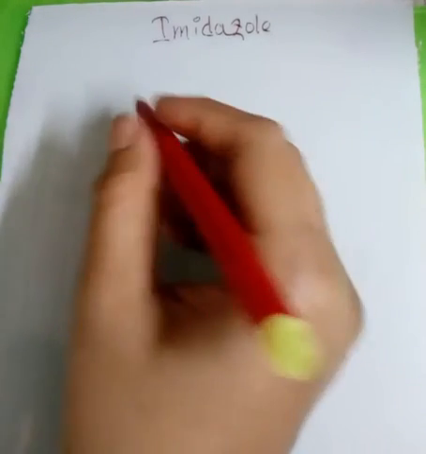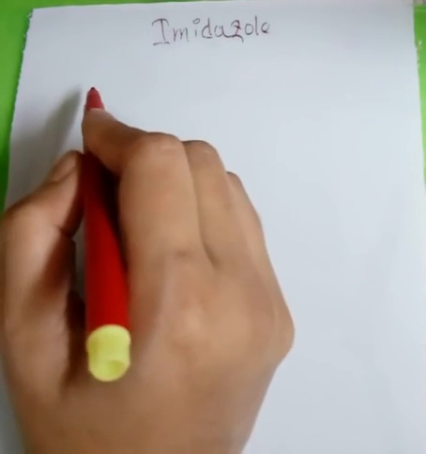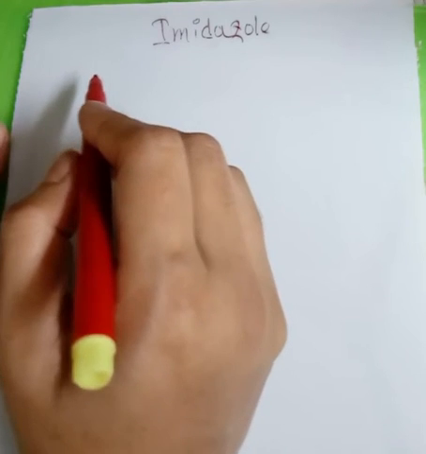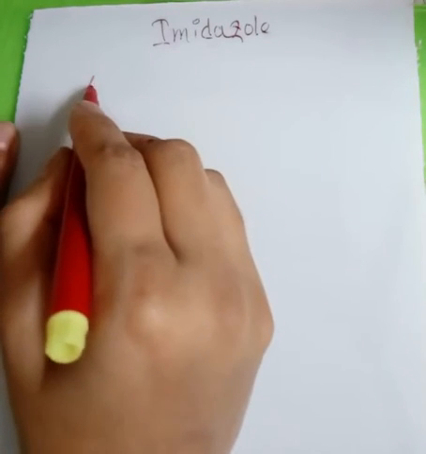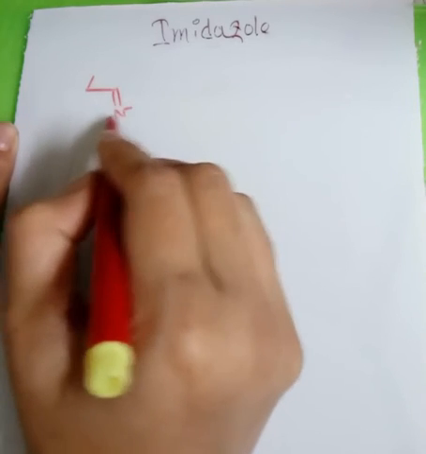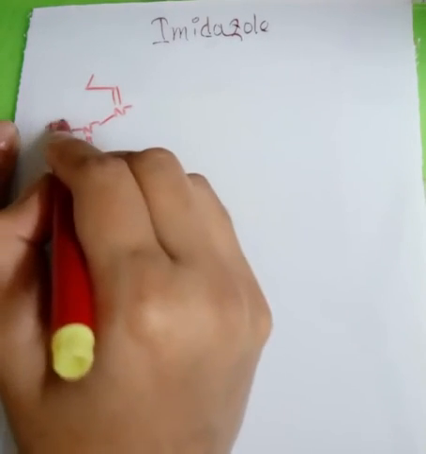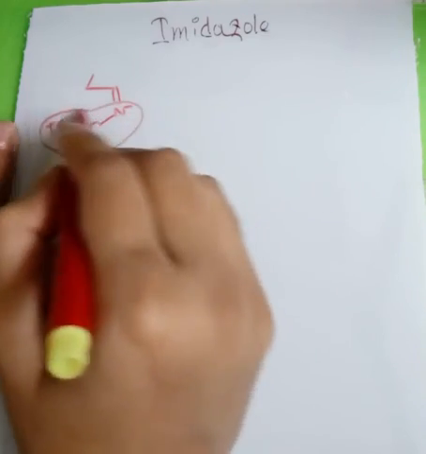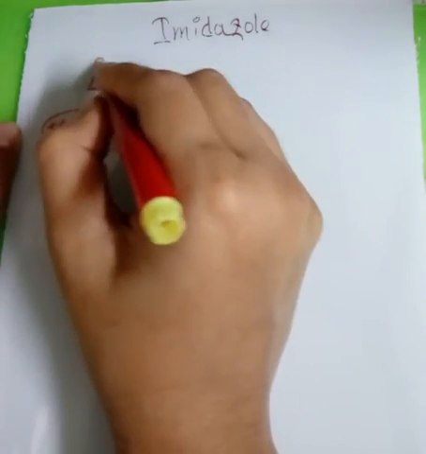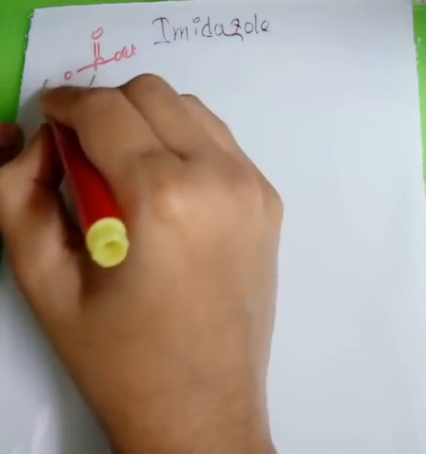Another reaction mechanism is using the Wittig reaction. By using the Wittig reaction we can form imidazole also. Here the reactant is also an imine, but the hydrogen functional group attached to it is substituted by a phosphorus ester.